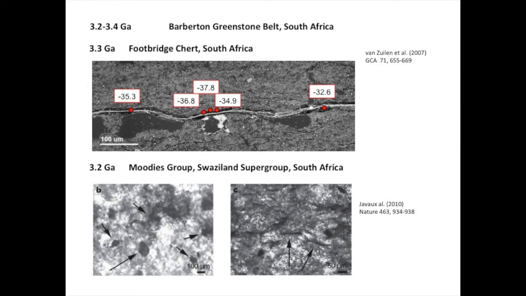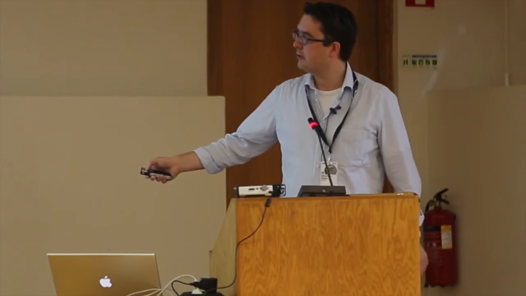And this is a very important indicator for syngenicity. These structures must have been present when the rock formed. They're not migrated because they were flattened when the rock was flattened. The entire sediment was compacted, and so were these structures. So this is a very interesting trace of life. It's at least syngenetic.